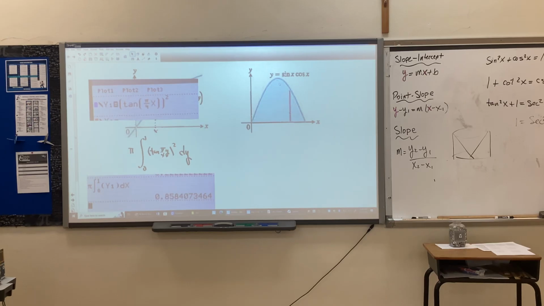Sine is 0 at 0 and pi. Cosine is 0 at pi over 2 and 3 pi over 2. So we're integrating 0 to pi over 2. This function. You can do it by hand.